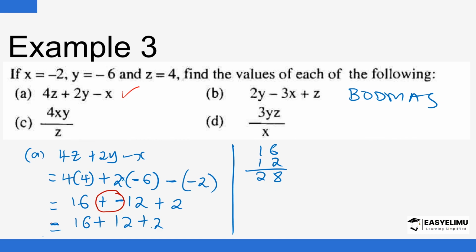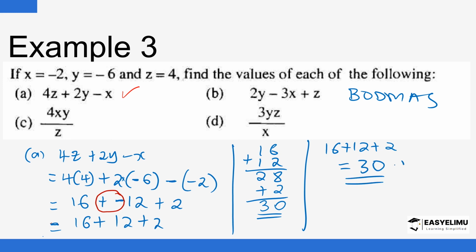And then you are adding the 2 here. So this is addition. So 8 plus 2 here is 0, carry 1. You add that 1 to 2 here is 3. So it simply means 16 plus 12 plus 2 is equal to 30. So that's how we solve this.